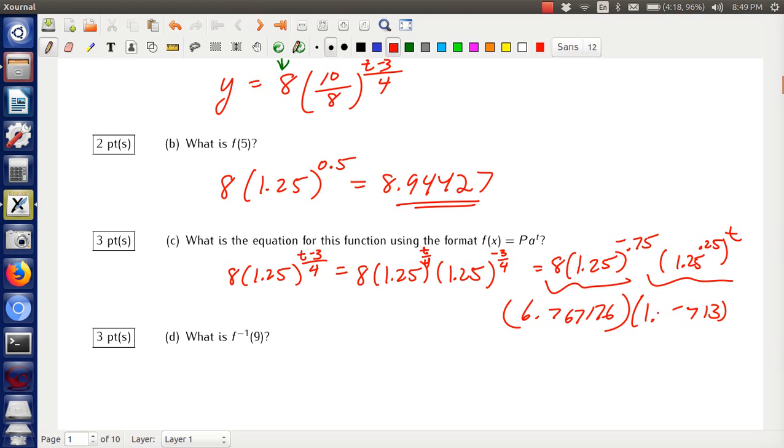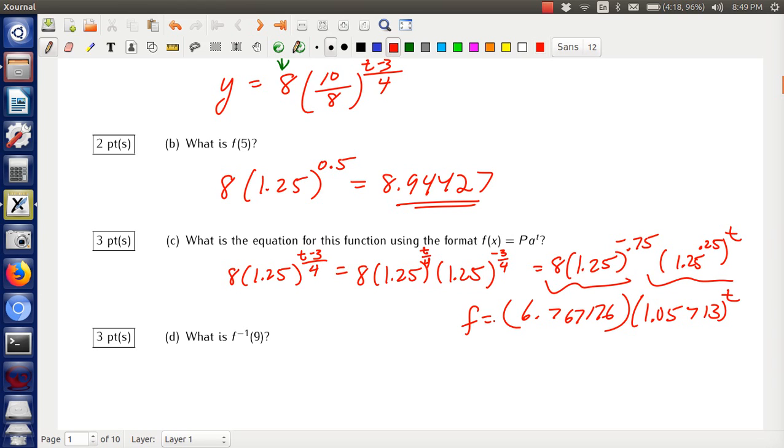That does not look like a 5. And then this is raised to the t. Okay? And so, well, I guess it's a function. Now it's in the PAT format. Okay, so I've got that, and that leads right into the next question.